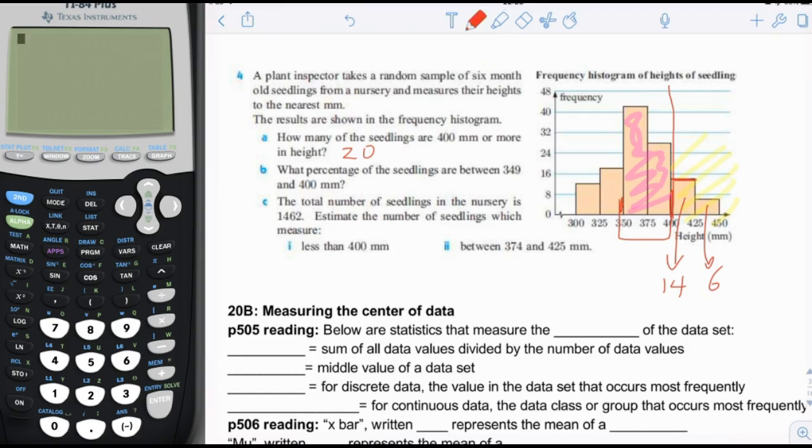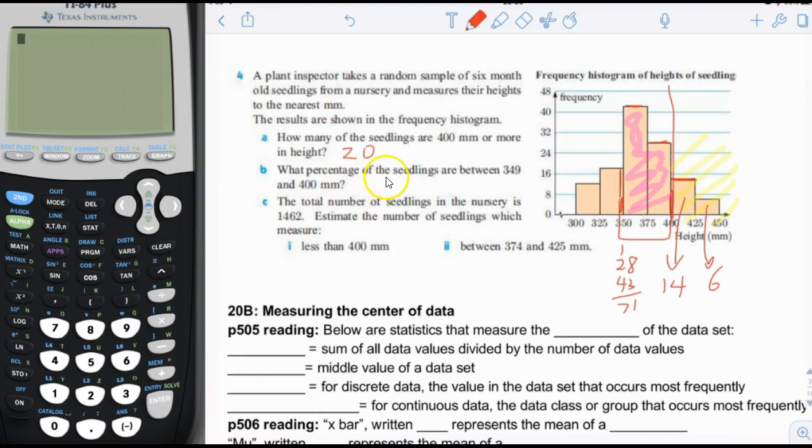It would be about 43 maybe. And this would be about 27, 28 maybe. So 28 plus 43, that would be about 71. So about 71 seedlings.